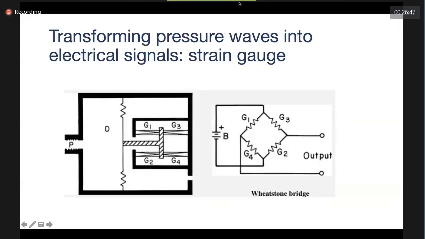So that is how it will be conducted. The pressure is going and hitting the diaphragm here. It moves through the resistance and through the Wheatstone bridge, it will go and give the signals.